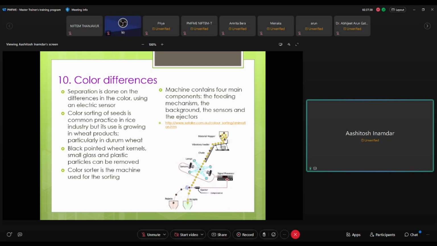They take pictures, and whatever information is there is passed to the signal processor, which in turn is connected with the ejector. If the camera senses that something is coming lighter or darker, the signal processor will give a command to the ejector, which is connected with compressed air, and it will blast the air there, and we get the rejects separated from the regular accept, which is our rice.